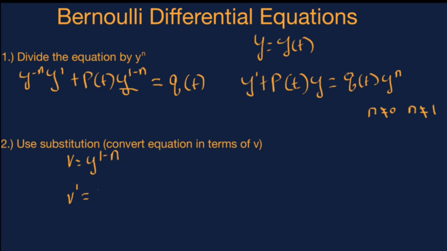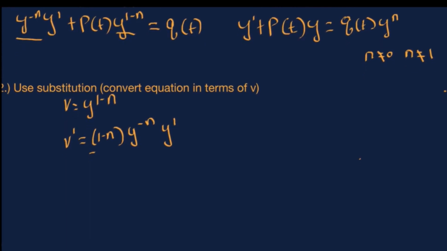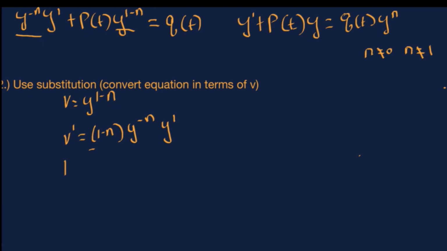And so that will give us 1 minus n times y to the negative n times the derivative of y. And so to match the first term in our initial equation, we would have to divide both sides by 1 minus n. So when we do that, we get 1 over 1 minus n times v prime is equal to y to the negative n times y prime.